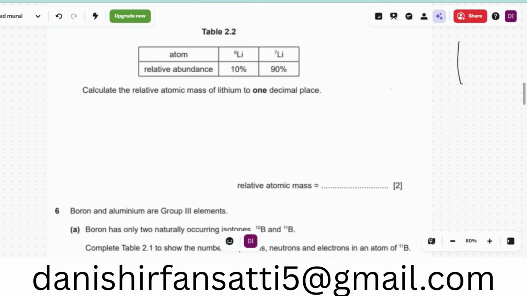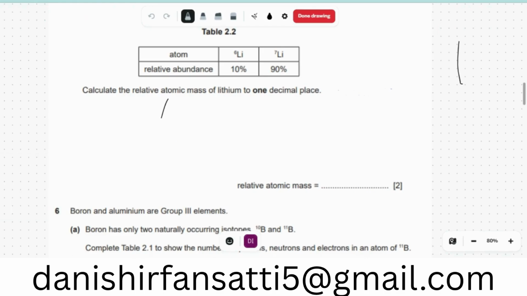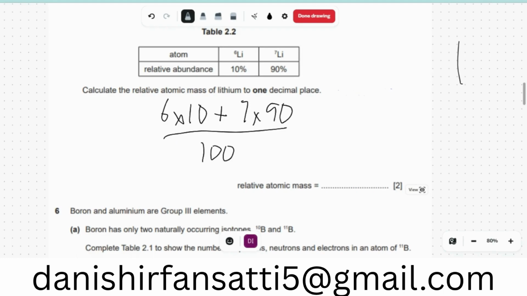Lithium-6 has 10%. So 6 multiplied by 10 plus 7 multiplied by 90%, divided by the total, which is 100%. So 6 tens are 60, and 7 nines are 63, that would be 630.